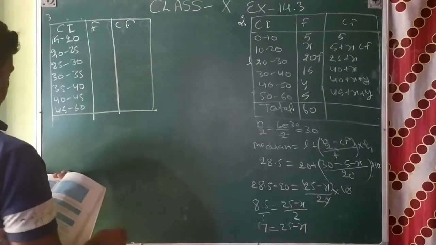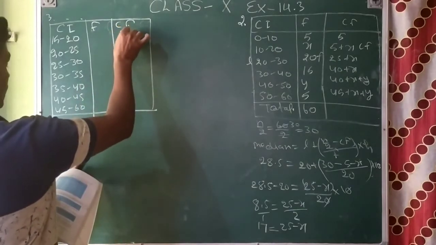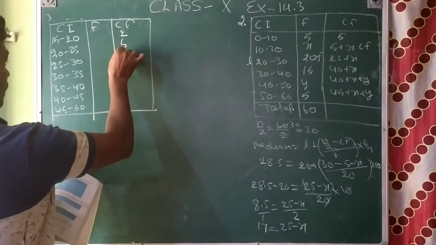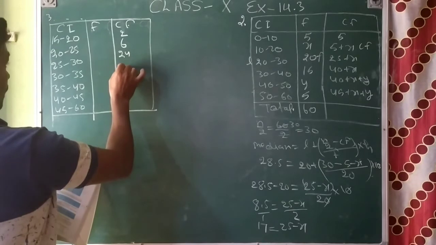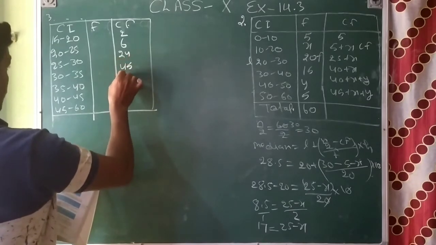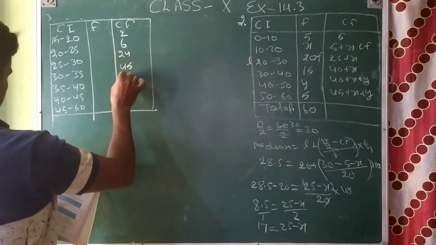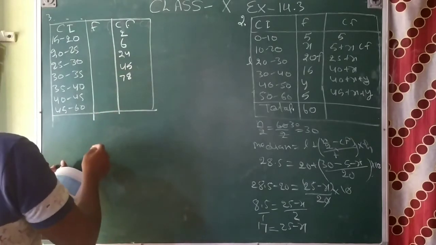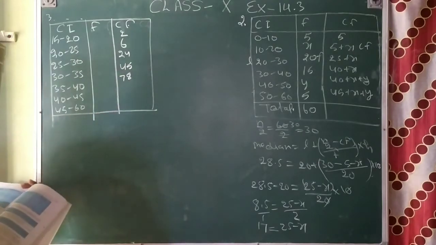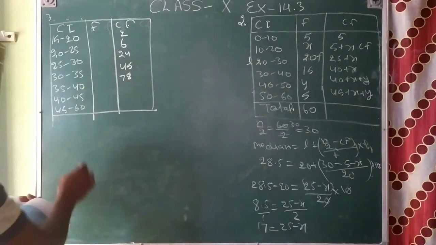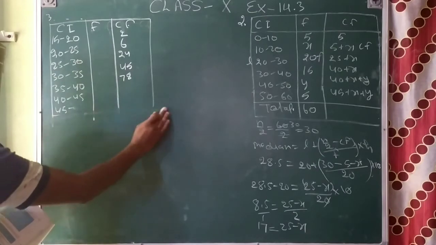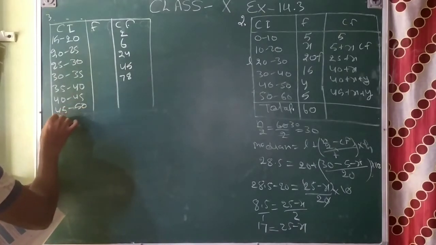This is not the F, this is the CF, that is 2, 6, 24, no sorry, yes 24, 45, 78, then 15 to 20, 20 to 25, 25 to 30, 30 to 35, 35 to 40, 40 to 45, 45 to 50, 50 to 55, 55 to 60.